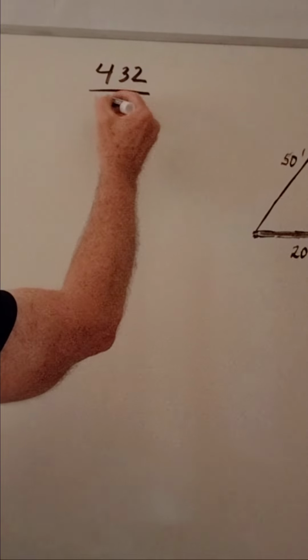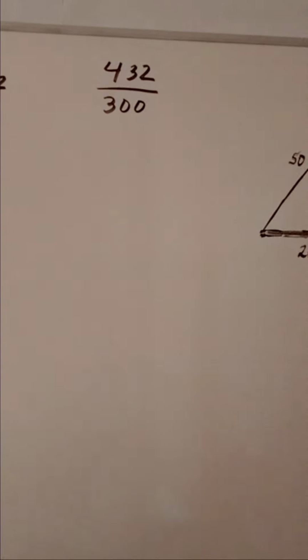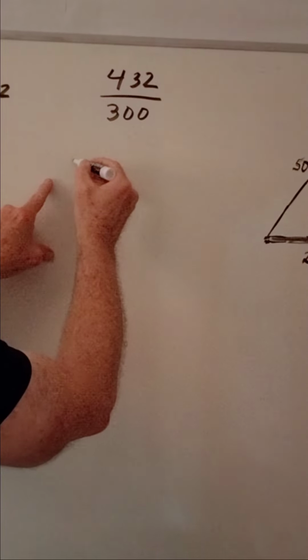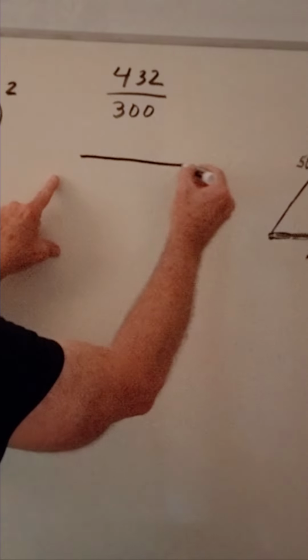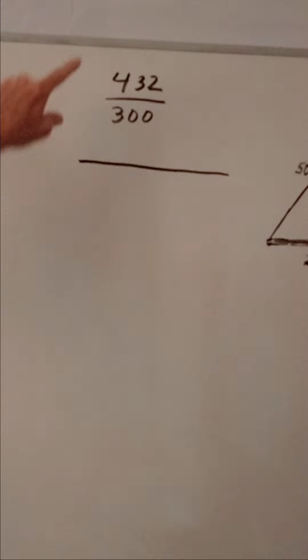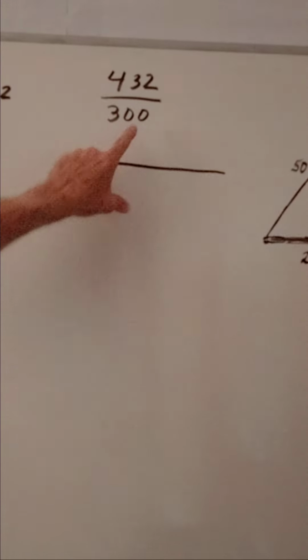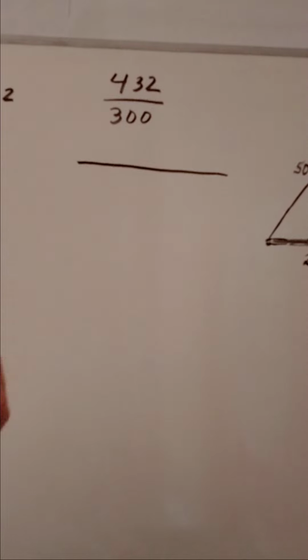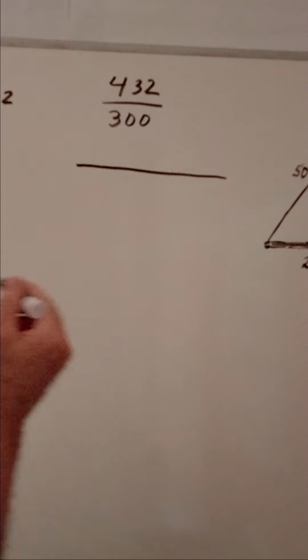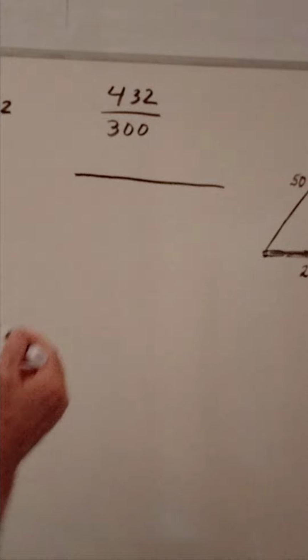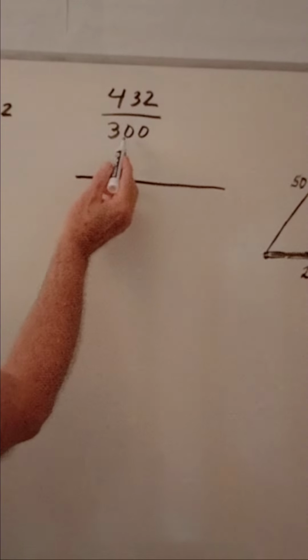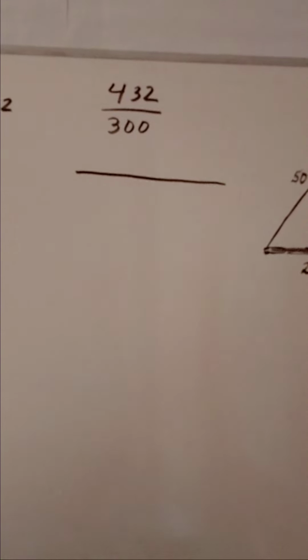432 over 300. I'm going to bring down sort of an elongated fraction bar. And I'm going to hold off on 432. Let's take care of the denominator of 300. That should be easy to prime factor. 300 ends in 2 zeros.